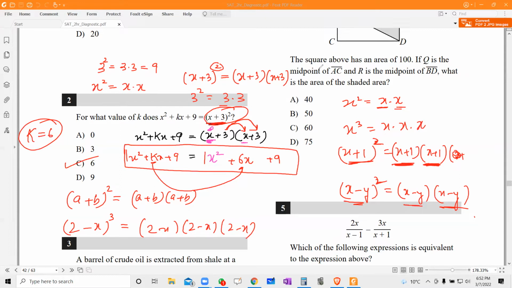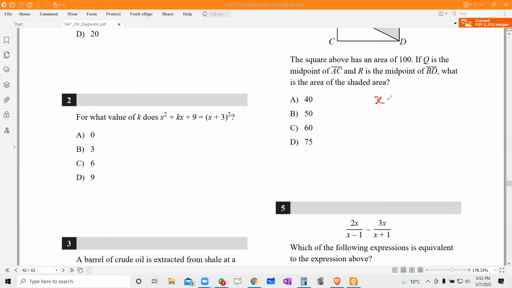Now, can you expand x minus y times x minus y? Can you tell me how much will it be? X squared. Okay, I'll be writing x squared, and then?